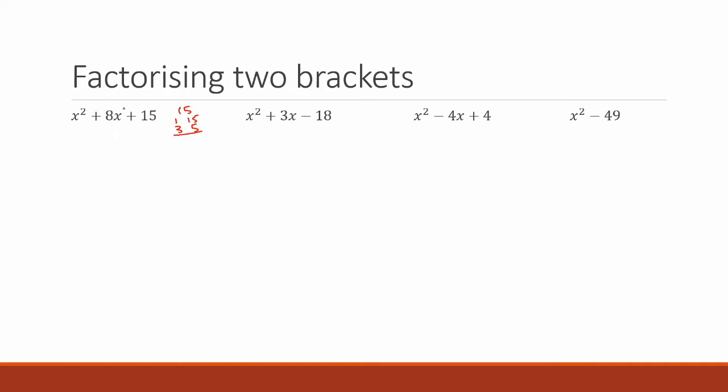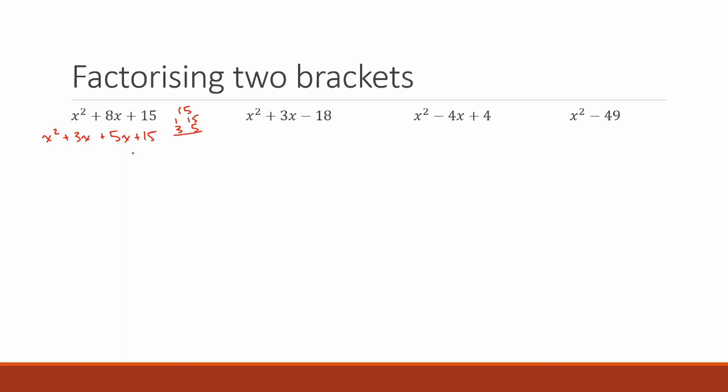So step 2, I'm going to take this plus 8x and I'm going to split it. So x squared plus 3x plus 5x plus 15. Now, I'll show you in a minute the other way around, but it actually doesn't generally matter which way round I write my factors in, the plus 3x here and the plus 5x here, or the other way around.